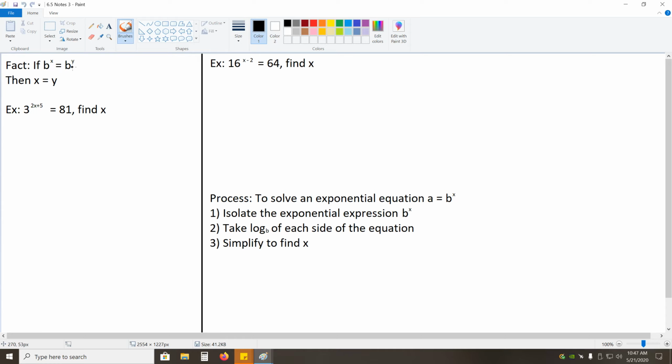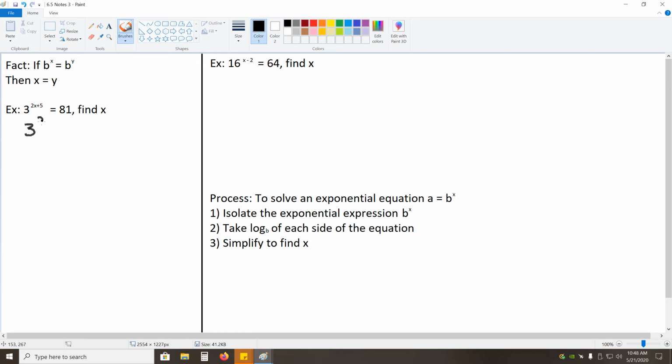So if we could manage to rewrite an equation where it has the same base on each side, then we can just set the exponents equal to one another. For this example, we have 3 to the 2x plus 5 equals 81, and we want to find x using this fact.